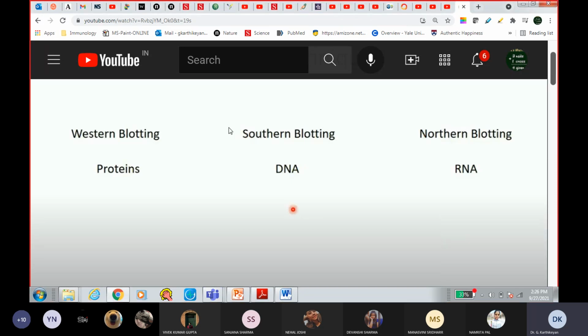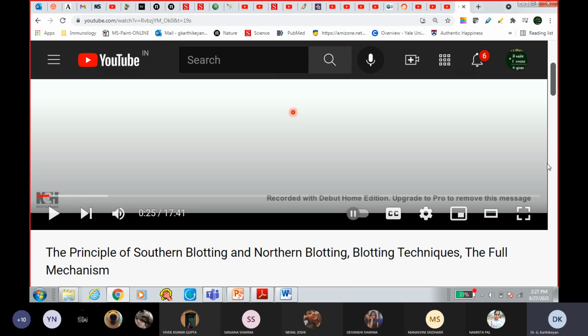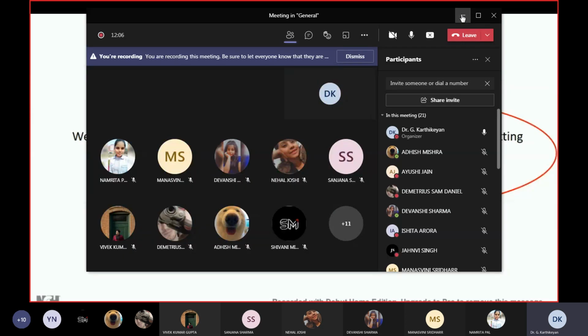So as I said, Western blotting typically involves proteins and antibodies, antibodies and antigens. Southern blotting involves DNA and DNA. Northern blotting involves DNA and RNA. So let me put this on full screen mode to speak about Southern blotting and Northern blotting.